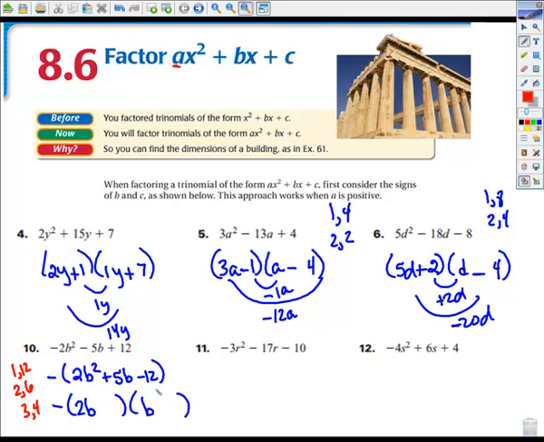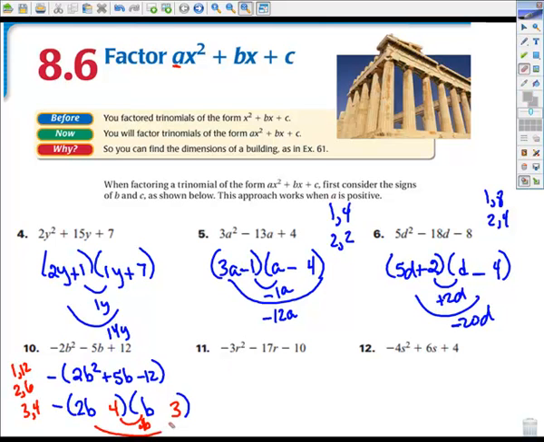I'm going to try 3 and 4. Let's see if I go 3 and 4. This gives me a 4b, and this gives me a 2b. Not a 2b, a 4b and a 6b. Well, regardless, 4b and 6b are not going to give me a 5b, so that's not going to work.